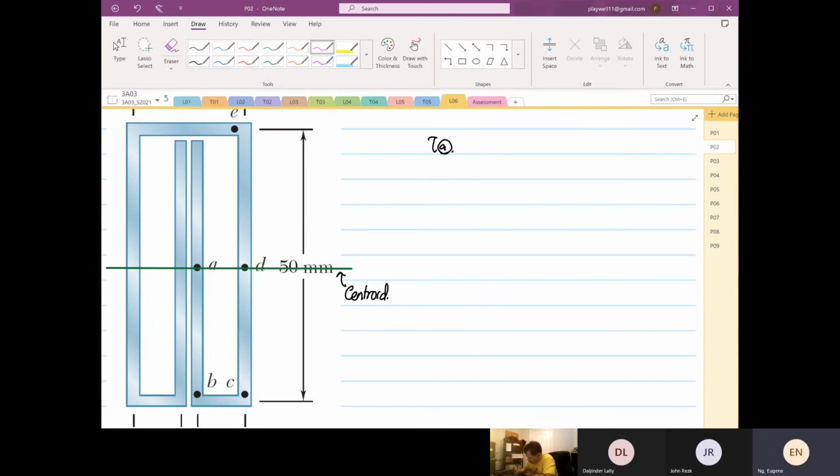Okay, so if we were to construct the shear flow, right, it moves backwards.